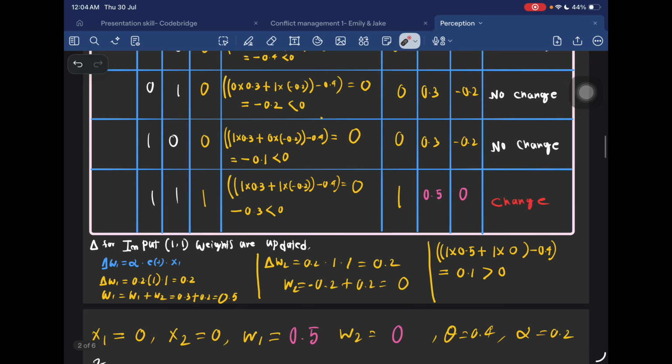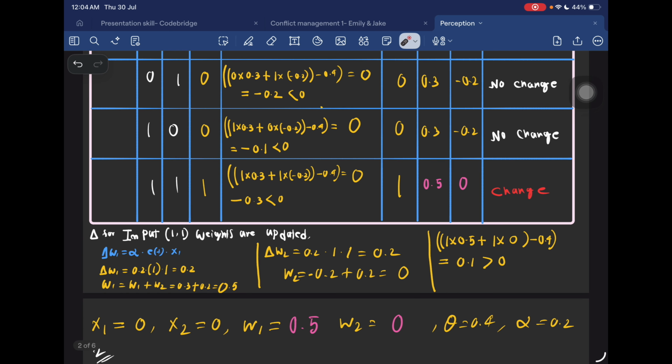Then our next features are x1 and x2. The value is 1 for x1, 1 for x2, and the desired output is also 1. So we apply the activation function here: first feature 1 times first weight 0.3, plus second feature 1 times second weight minus 0.2, minus 0.4, this is our bias.